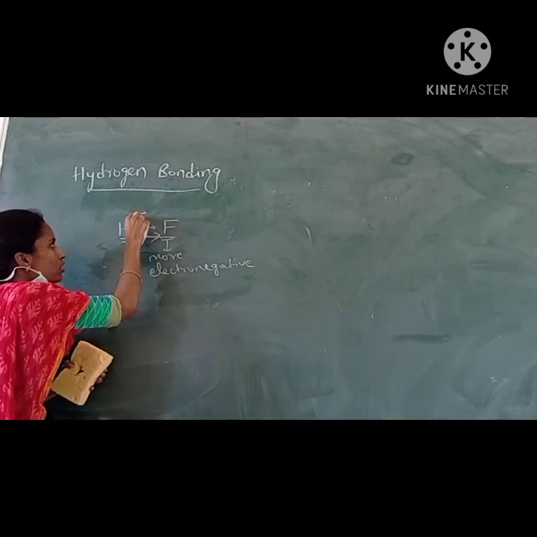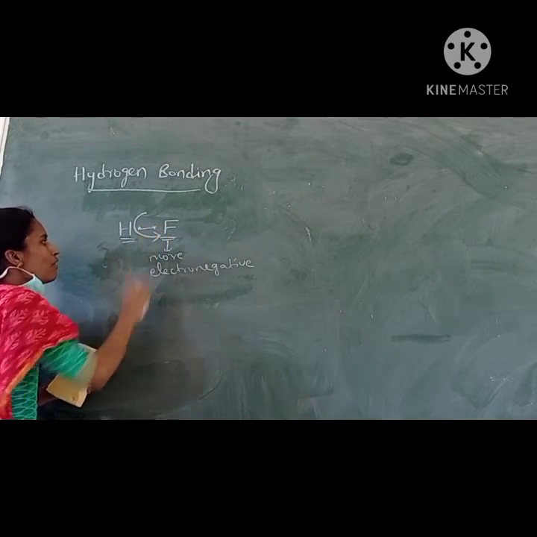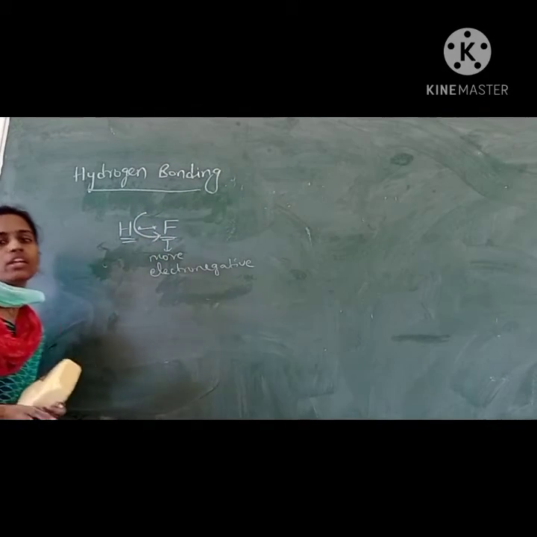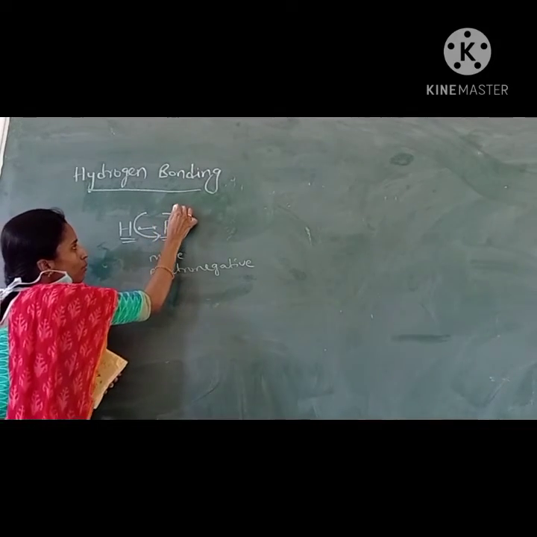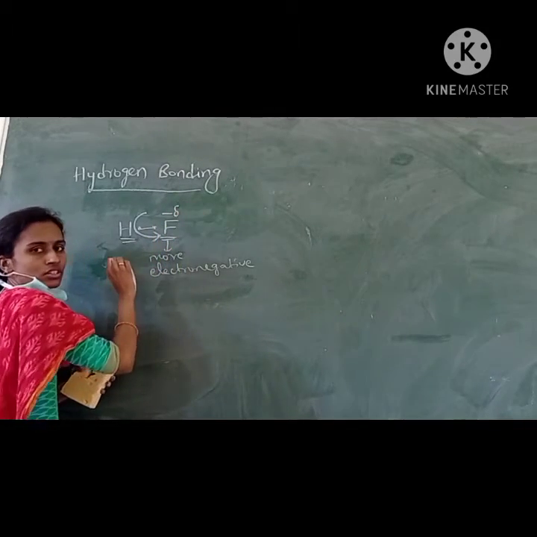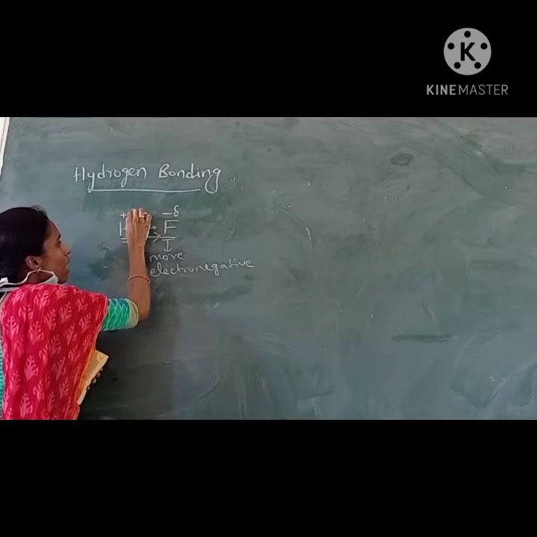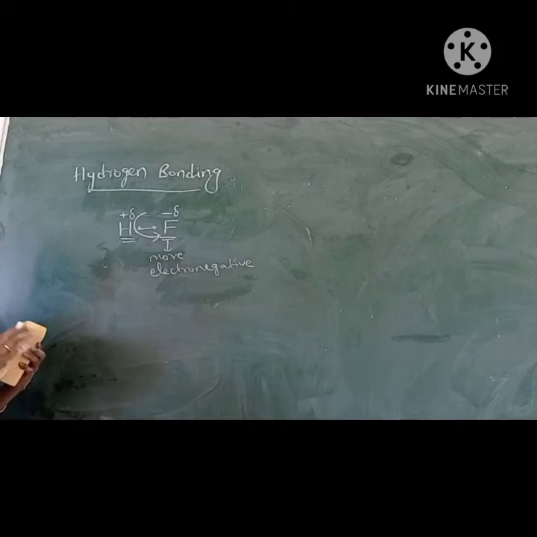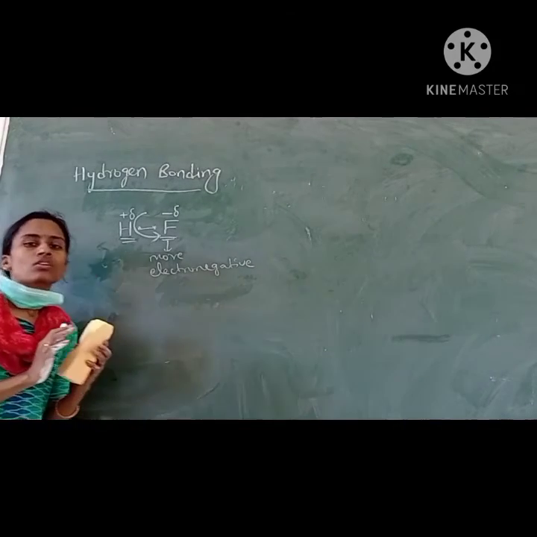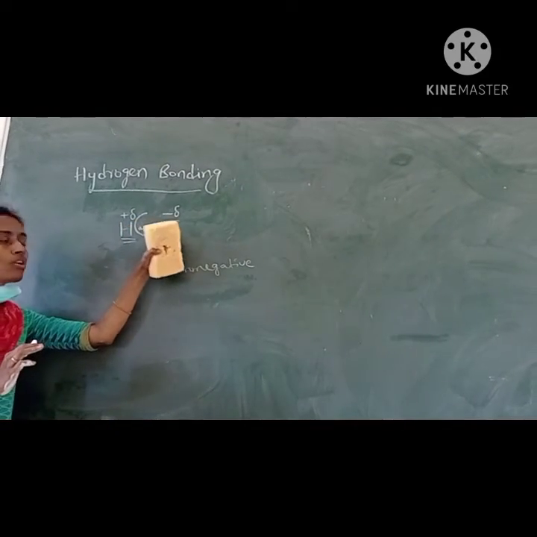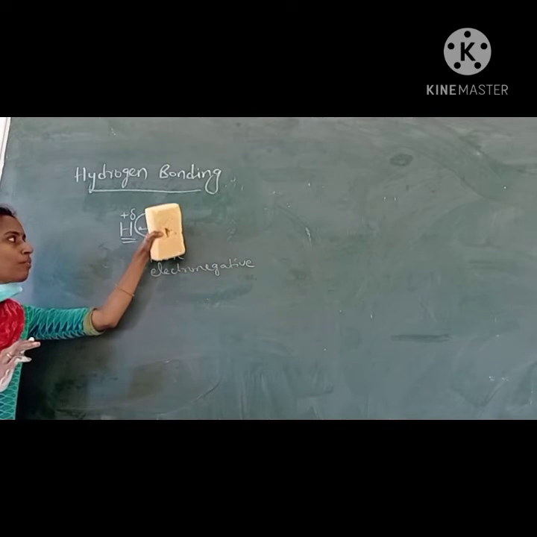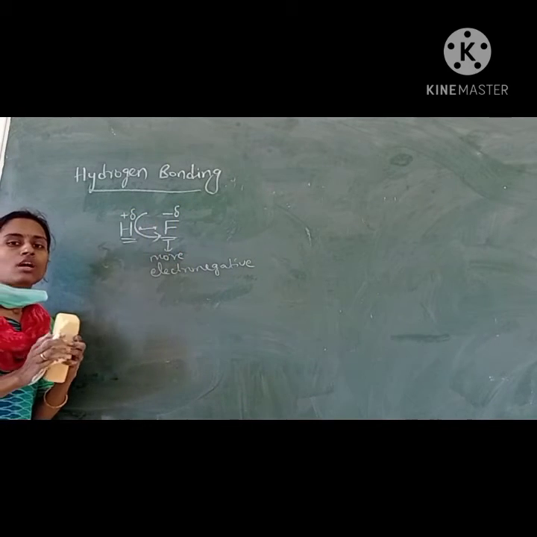Due to this tendency of attracting the electron pair, the fluorine will get a partial negative charge. The hydrogen is losing electron density, so it will get a partial positive charge. It is not a complete transfer.